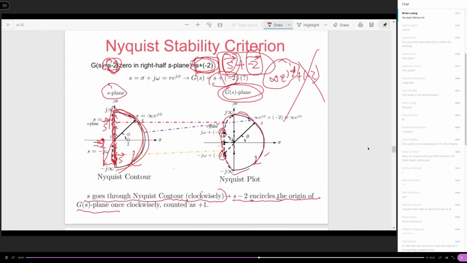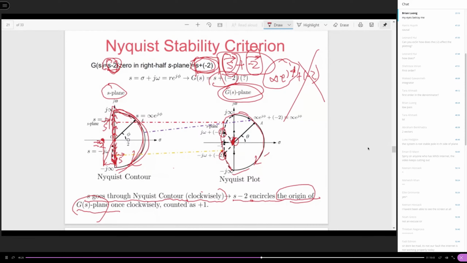You see, it's going to encircle the origin of the G of S plane, which is this point, once, clockwise.